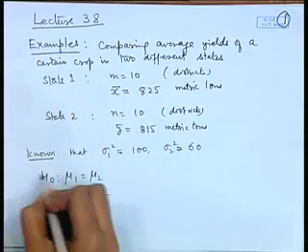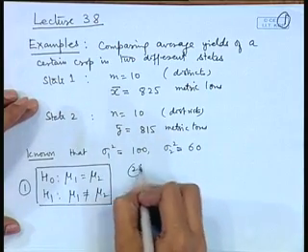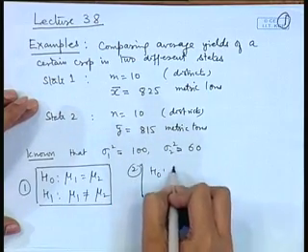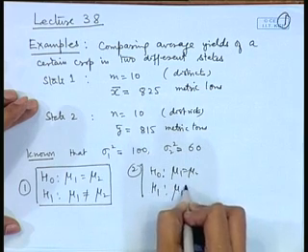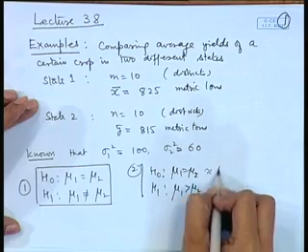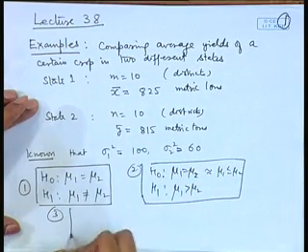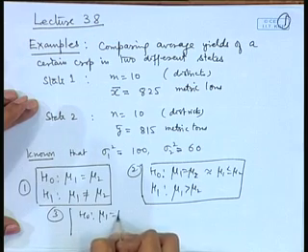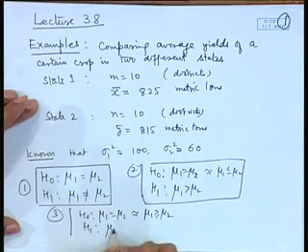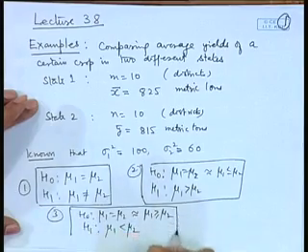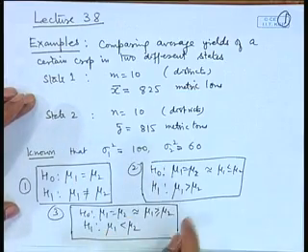From now on I will consider this as hypothesis 1. The second hypothesis is H naught: mu 1 is equal to mu 2 against H1: mu 1 is greater than mu 2, and of course this is equivalent to mu 1 less than or equal to mu 2 under H naught. And the third one will be H naught: mu 1 is equal to mu 2, which is equivalent to mu 1 greater than or equal to mu 2, against H1: mu 1 is less than mu 2. I will refer to these as hypothesis problems 1, 2 and 3.